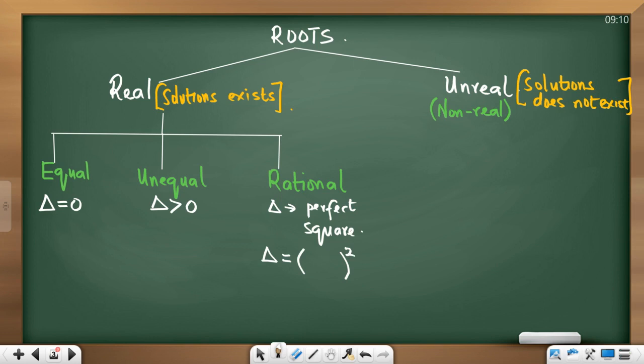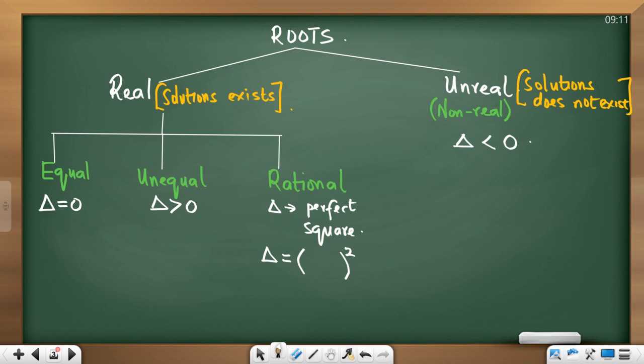So real roots can be equal roots, unequal roots, and rational. Conditions, we basically work with this discriminant. I'm going to explain the discriminant in a moment. When it is equal, the discriminant is 0. When it is unequal, it is greater than 0. Rational, then the discriminant is a perfect square. When it is unreal, our discriminant is simply less than 0.